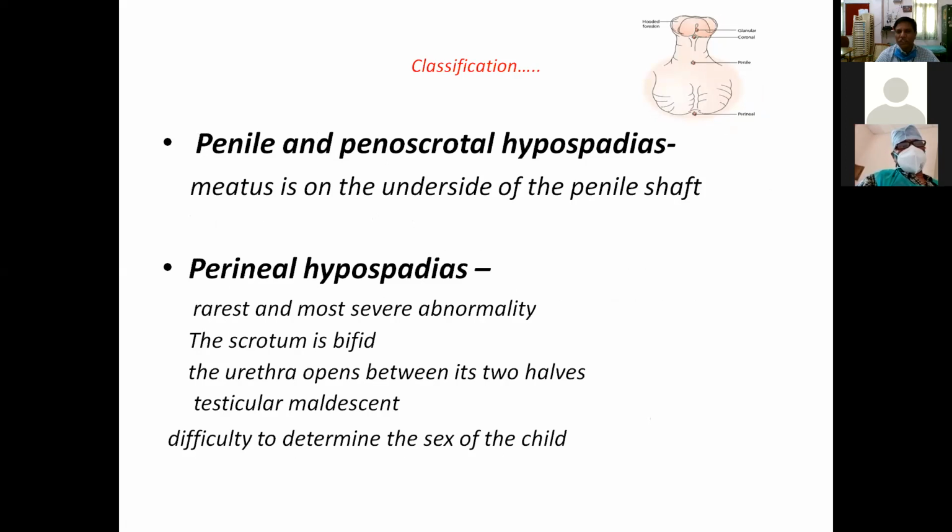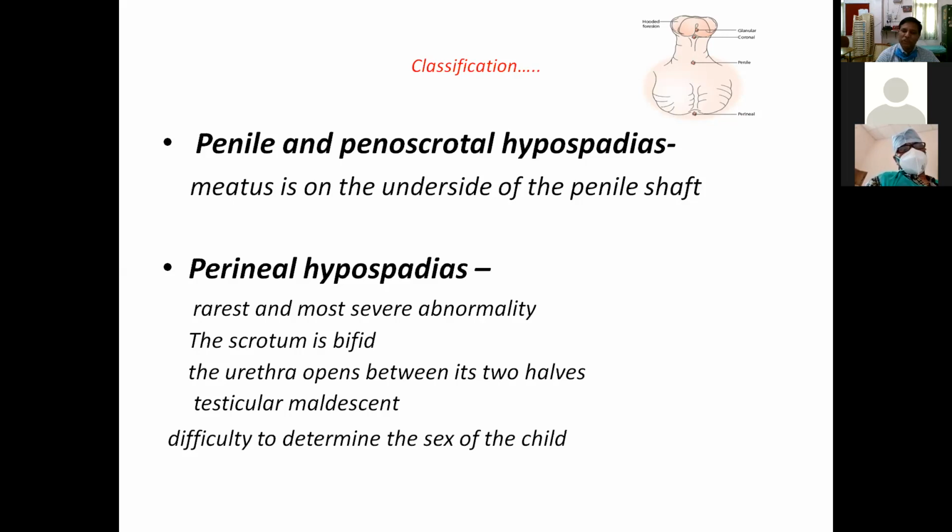The scrotum is bifid. You cannot see a single scrotal sac. It will be divided in the midline. The urethra opens between its two halves. And if it is associated with testicular maldescent also, there comes the difficulty of determining the sex of the child. The bifid scrotum resembles the labia. The urethra will be in between and no testis is palpable in the scrotum.